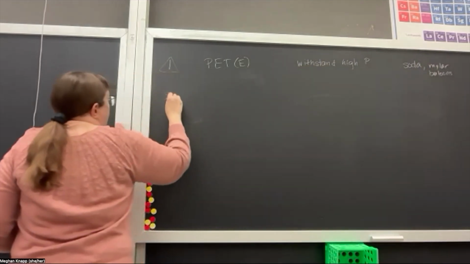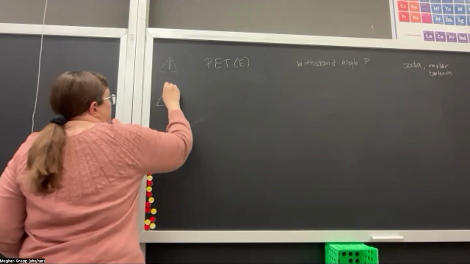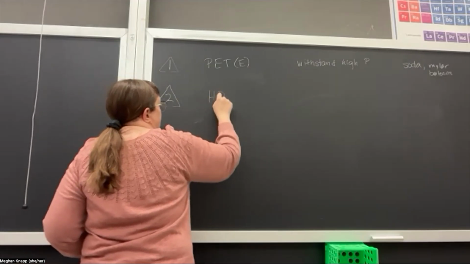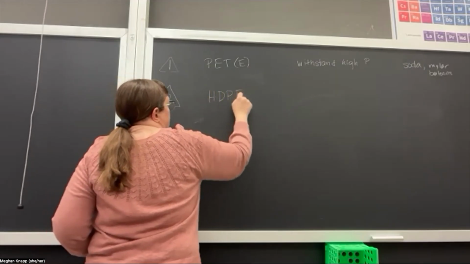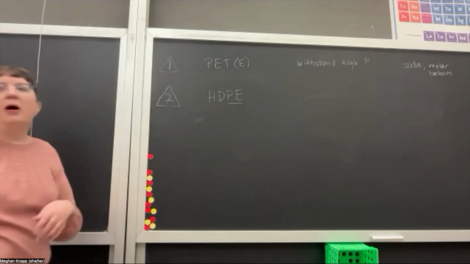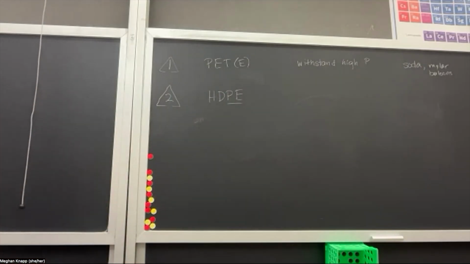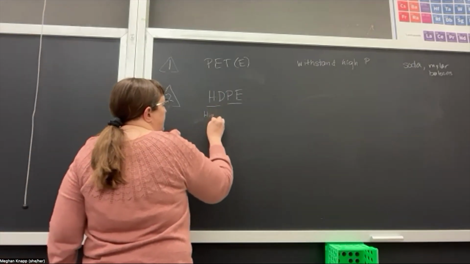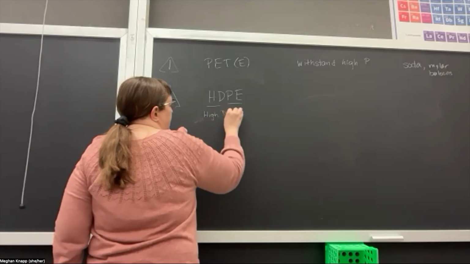Oddly enough, number 2 was one of our first polymers that we made. So this is HDPE. The PE here stands for polyethylene. So remember, ethylene was that double bonded thing that we did the addition polymer for. HD stands for high density.